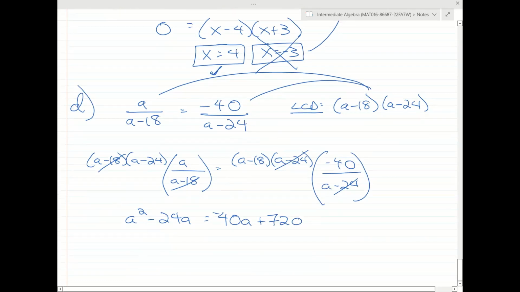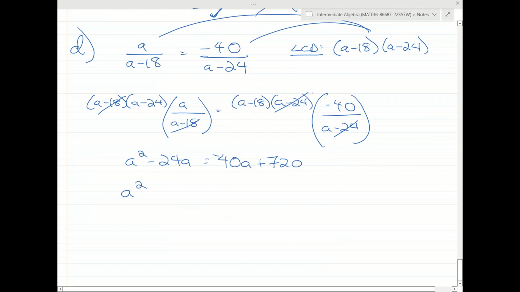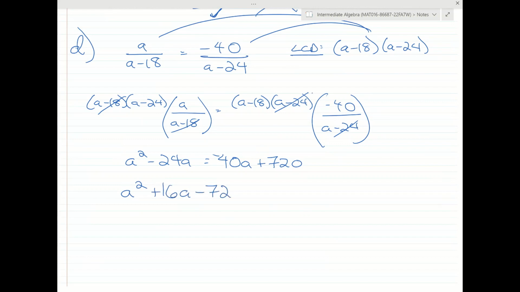And then just like the other problems, we want to make it equal to 0 to solve. This will just be a squared negative 24 plus 40 is 16a minus 720.